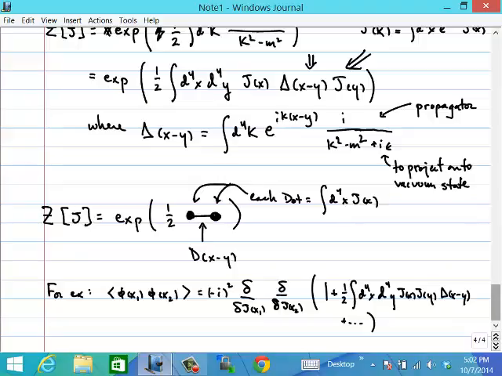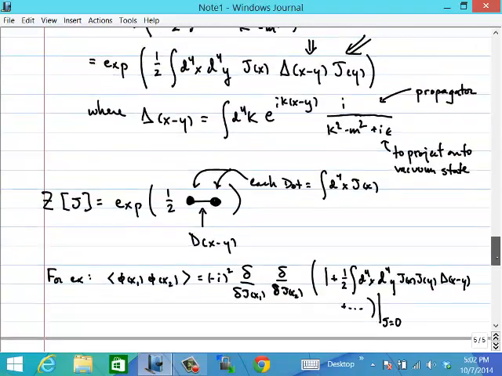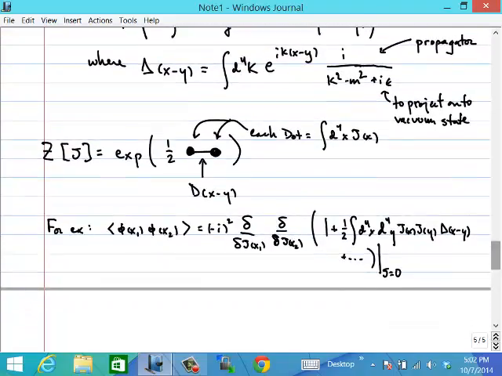All of those higher order terms will just vanish because we're only hitting them with two derivatives, so that just kills two factors of J. All of the higher order terms will be higher order in J, so those will vanish when you set J equal to 0. So this is just the propagator, D of x1 minus x2.